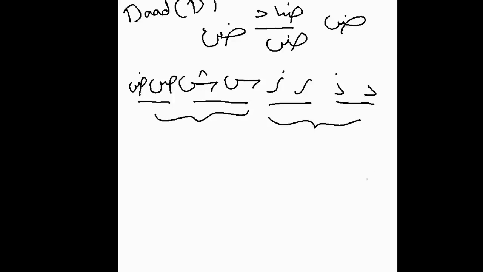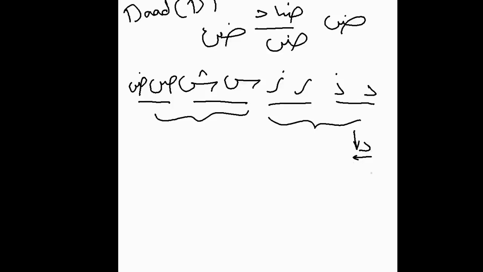So we can start with Dal. Here is Dal at the beginning of the word, because Dal doesn't connect from the left side, which is the side that's connected to the next letter, but it connects from the letter before it.